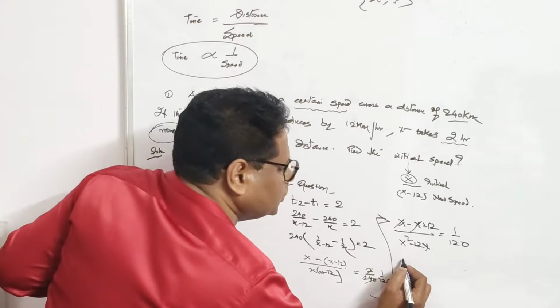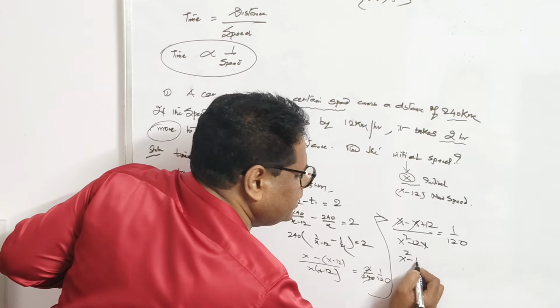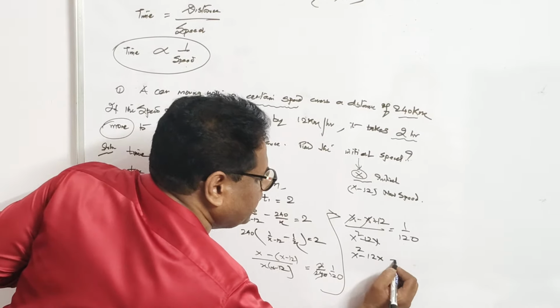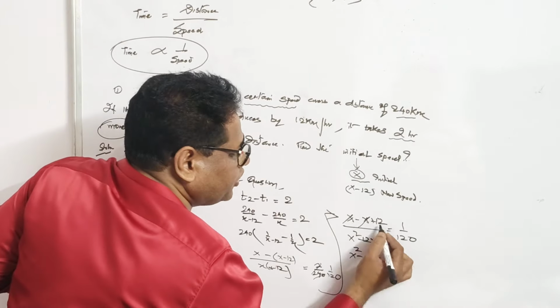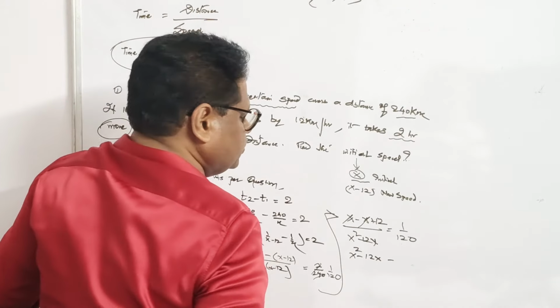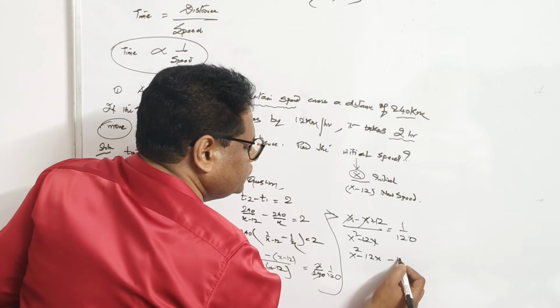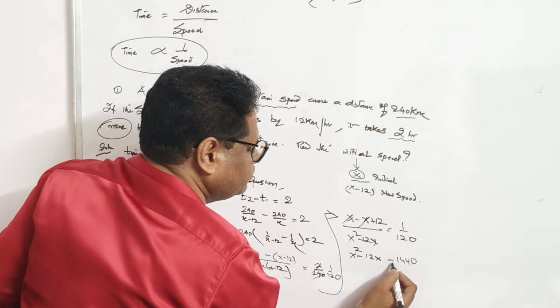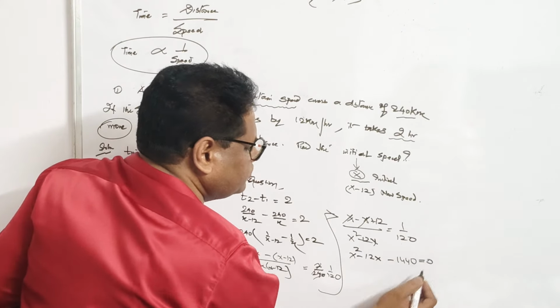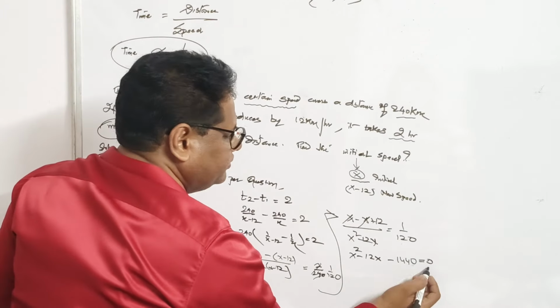x cancels. So we have the equation x square minus 12x minus 12, this product if you take out, it comes to 1440. Okay, equal to this. Clear?